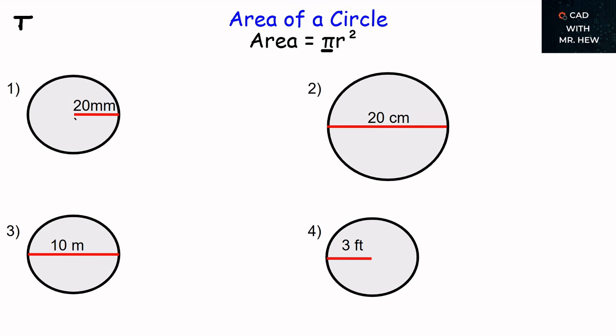Pi, which is a math concept, is equal to 22 divided by 7 or 3.14. And it's the same for any size circle, big or small, whatever units the circle is in.